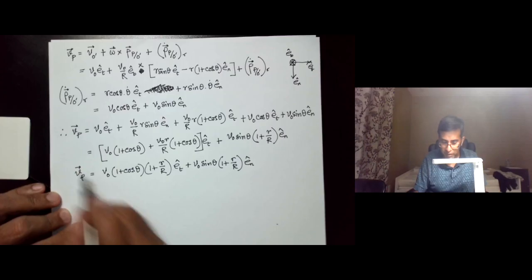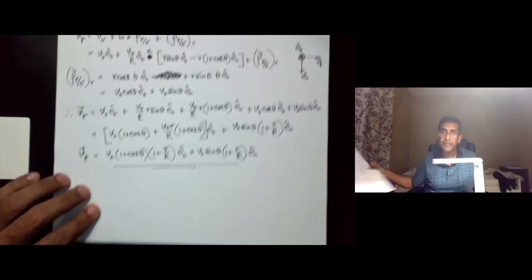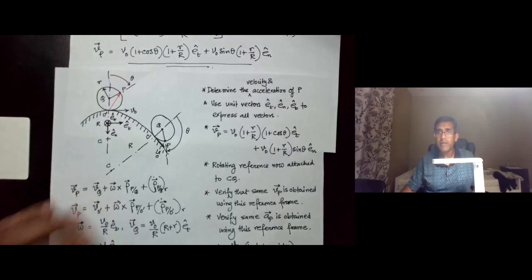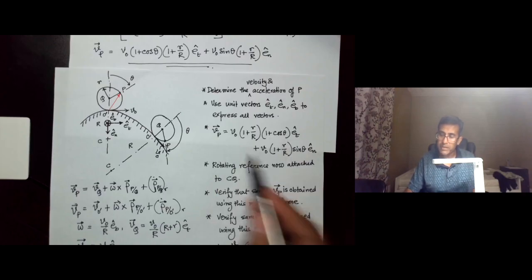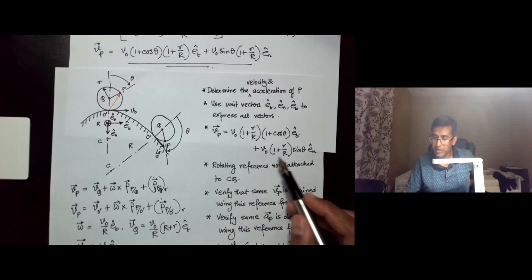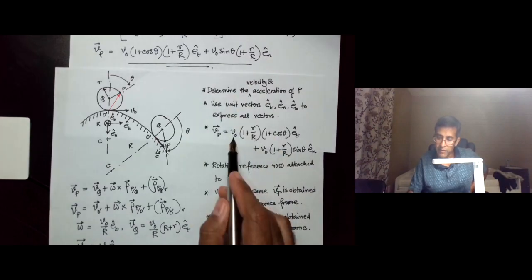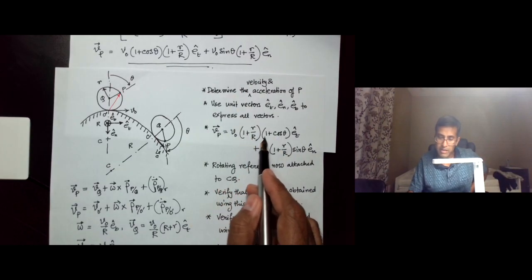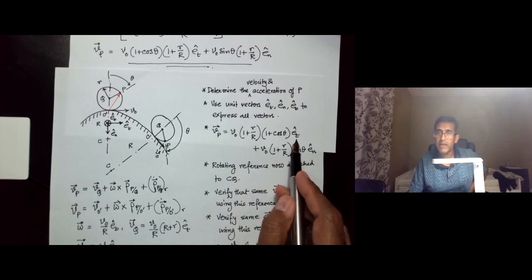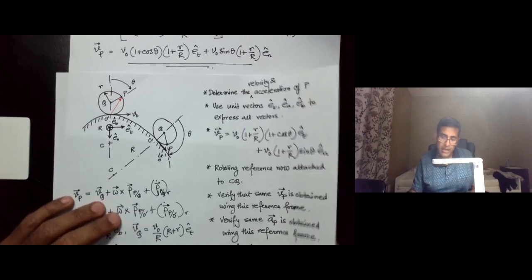That's our expression for VP, and if we compare it to the expression obtained for VP in our previous method, we see that we have exactly gotten the same answer. V0 sine theta times 1 plus small r over capital R in the EN, that's what we have here, and V0 times 1 plus small r over capital R times 1 plus cosine theta in the ET direction. That's exactly what we have here. So that is the velocity calculation.